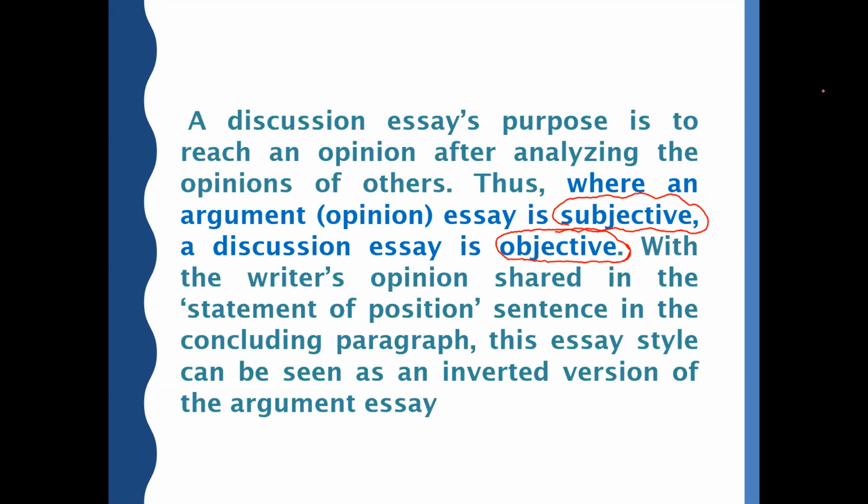Let's say, for example, if I told you to write a discussion essay about whether online education is effective or not. If the essay type is a discussion essay, if the question is discuss and give your own opinion, you have to tackle the two points of view.